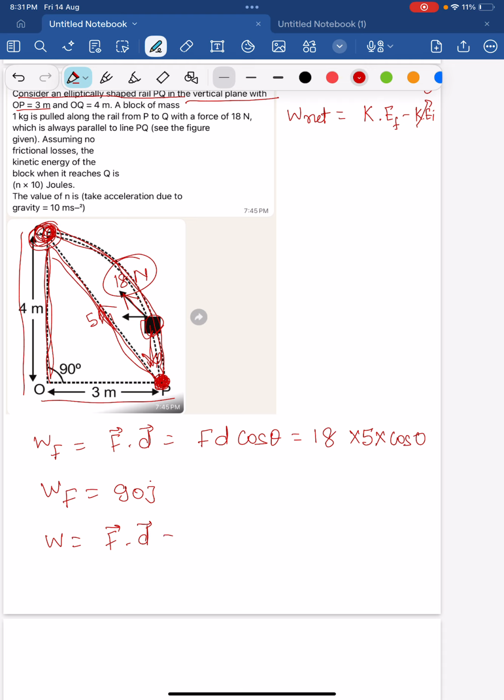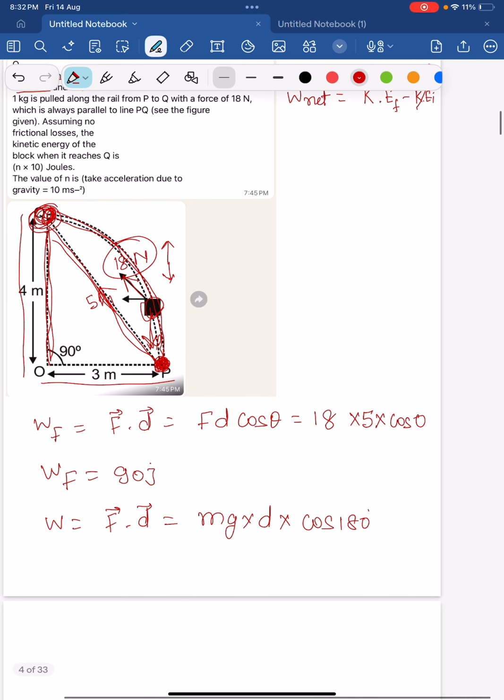So it will be mg into displacement into cos of angle between force vector and displacement vector, which is 180 degree, because force is in downward direction and displacement is in upward direction. So mg, mass is 1 kg, g is 10, and displacement is 4, and cos 180 is -1, so it will be minus 40 joule.